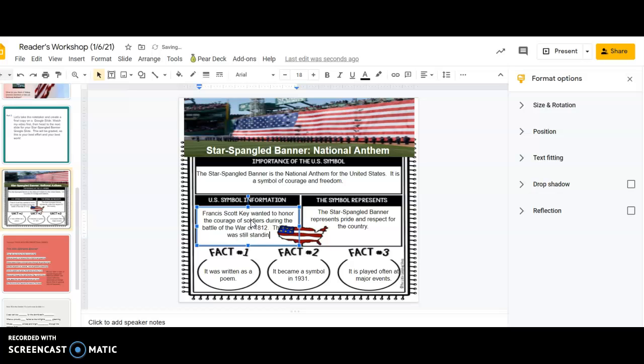The flag was still standing at the end of the battle.